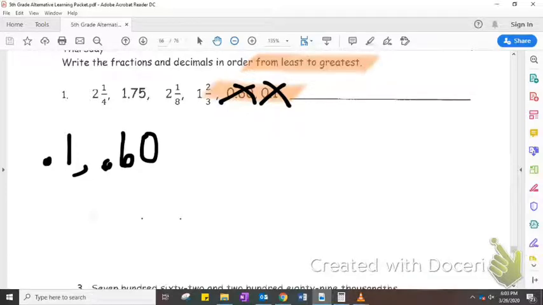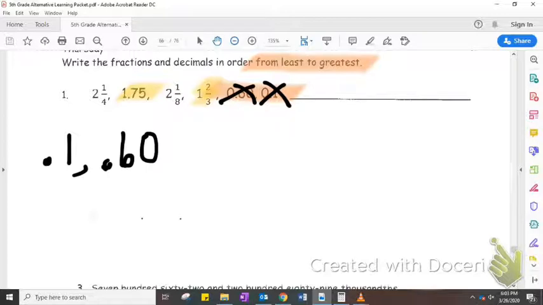Okay, so then I've got 2 values that are greater than 1 whole but less than 2. 1 2/3 and 1 75 hundredths.